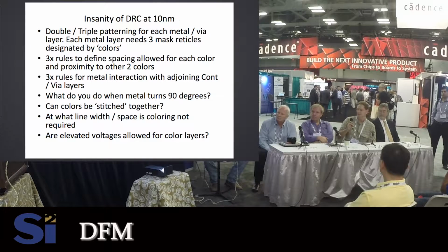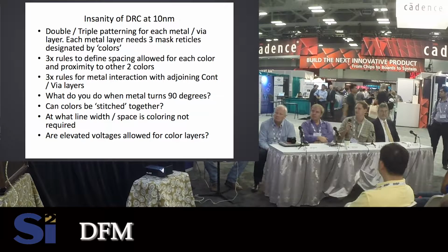And if you have 2 different metal color lines, stitching them together can be problematic for DRC checking. How do you define where they can be stitched together and what are the rules around those?